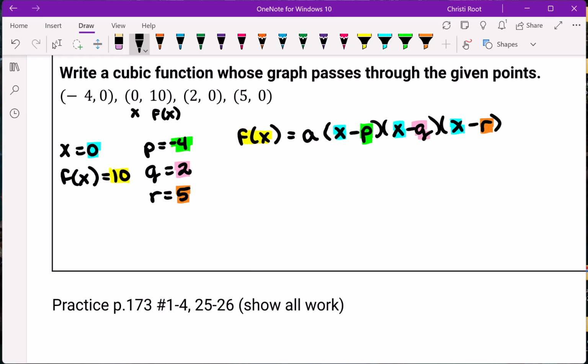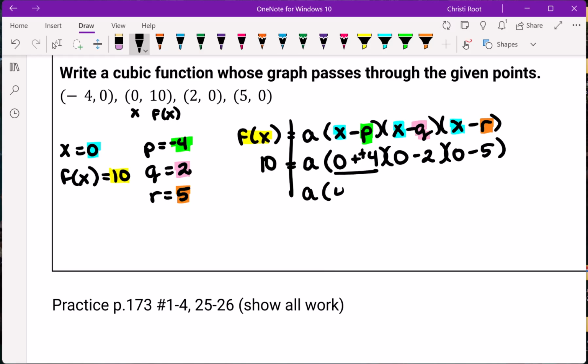Okay, substitute time. So 10, I don't know a, and then x is 0. All of these x's are going to be 0. Okay, p is -4, q is 2, and r is 5. I'm going to do a little bit of simplification.